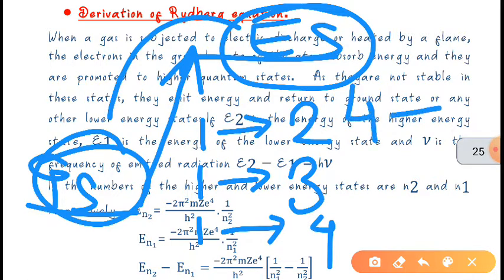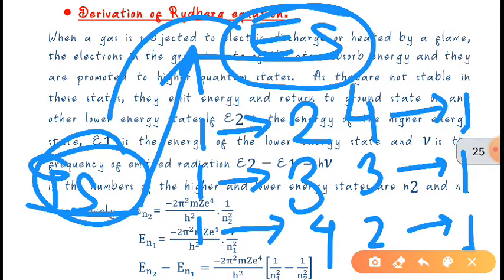If it is returning from 4 to 1, or 3 to 1, or 2 to 1, at the time of returning it will emit the energy which it absorbed earlier. That energy is emitted in the form of photons of light, and each photon has a specific frequency and hence a specific wavelength.